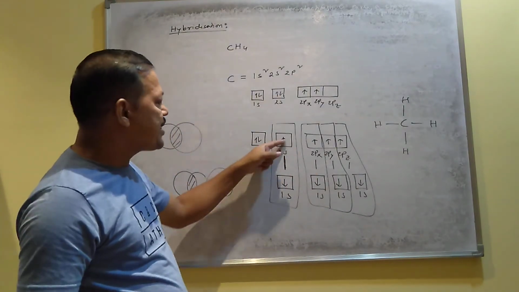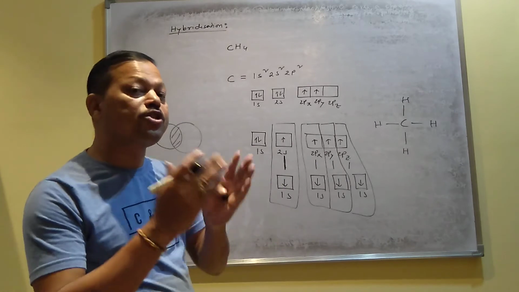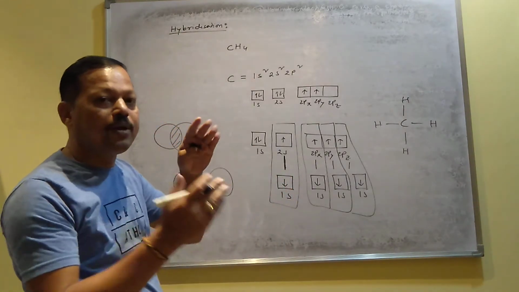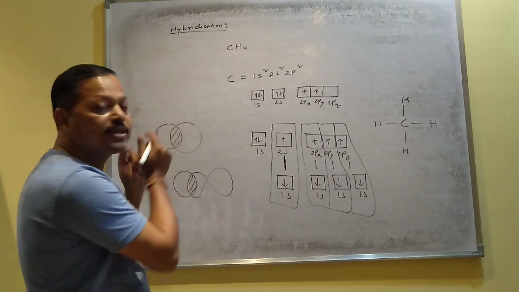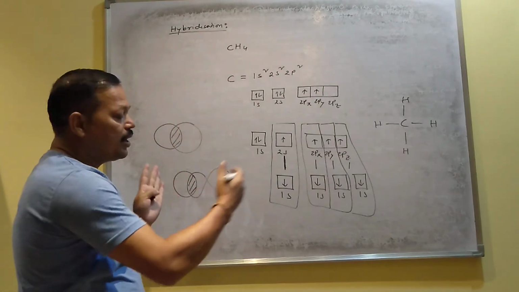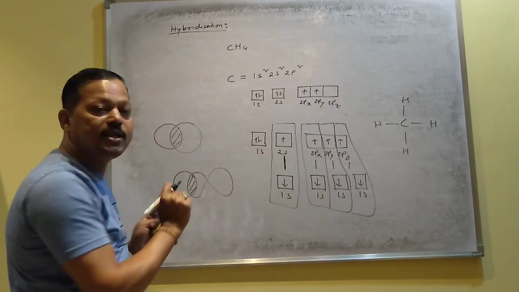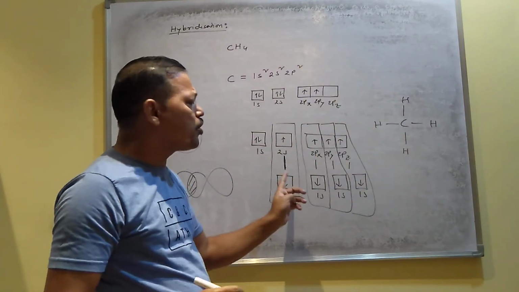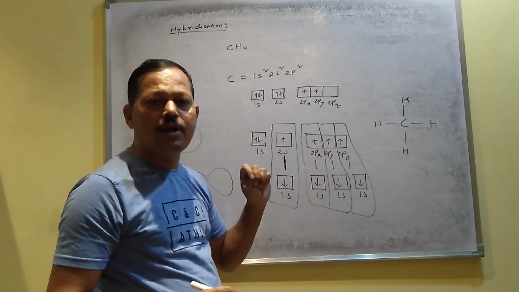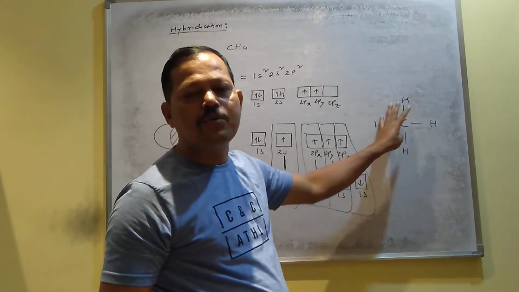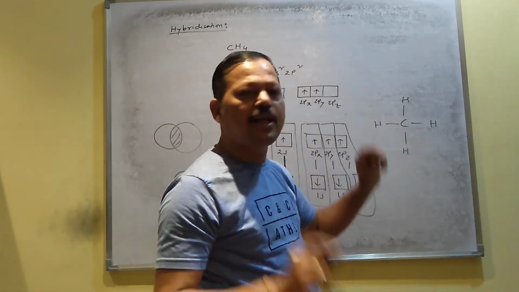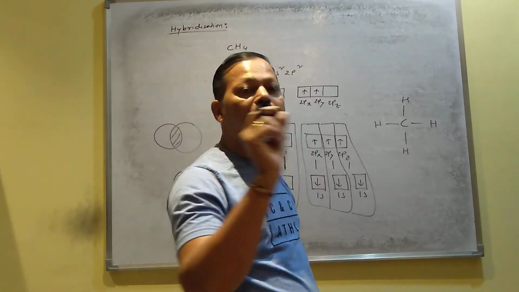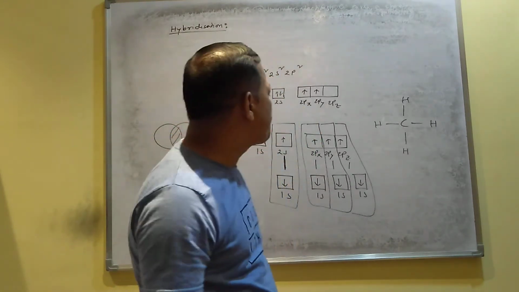As you know, ss always produces a stronger and shorter bond. The bond is strong, I mean bond energy is more, bond length is less. For sp overlap, length is long, but energy is less. So here, you should get different bond energies and different bond lengths. But experimentally it is found that all the 4 bonds present in methane have equal energy and equal length. So how is it possible?